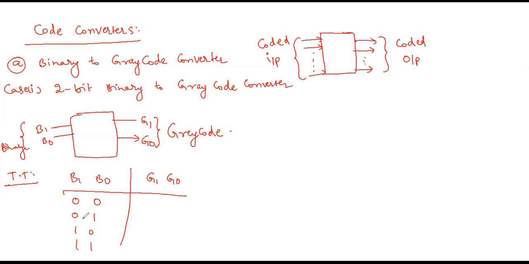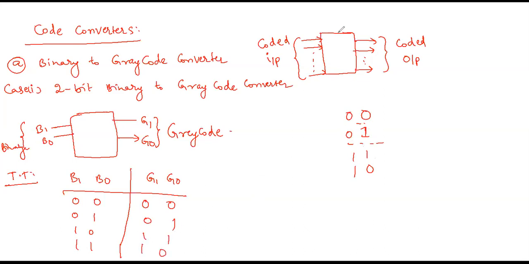This is the binary sequence. What is the gray code sequence? With a mirror image, we can create the gray code. 0, 1, keep one mirror, 1, 0, fill the upper bits with 0 and the lower bits with 1. So this is the gray code: 00, 01, 11, 10.